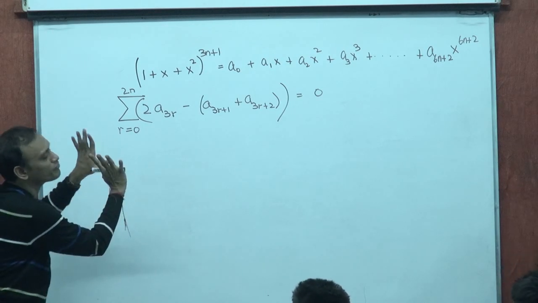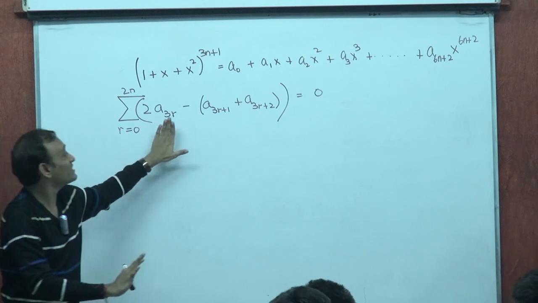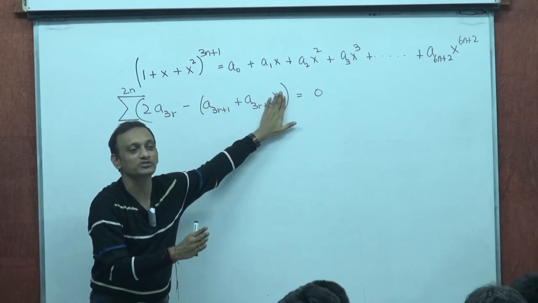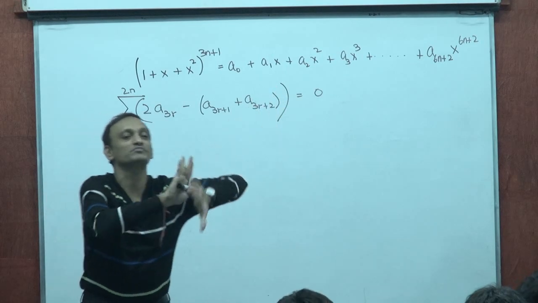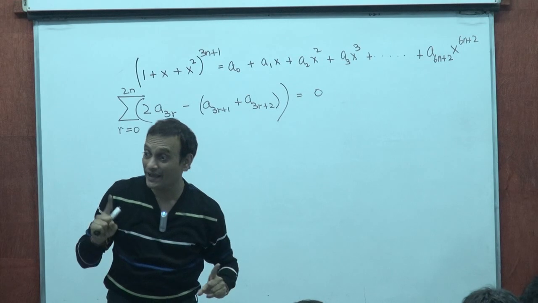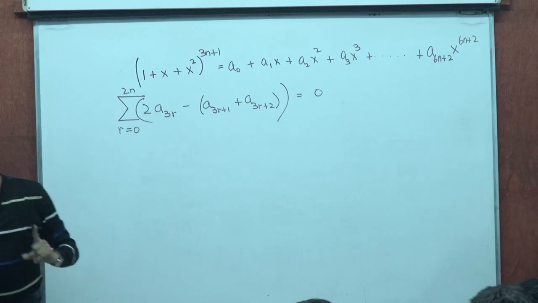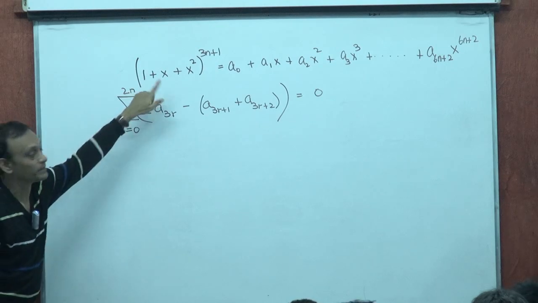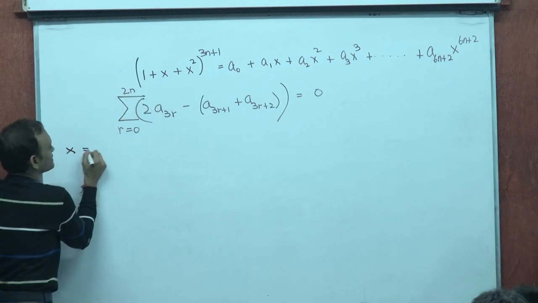It came out of very basic common sense about being able to sieve 3r plus 1 and 3r plus 2. Omega is the tool that helps us differentiate, right? So plugging in x equal to omega and x equal to omega squared seems like a decent proposition in this identity.